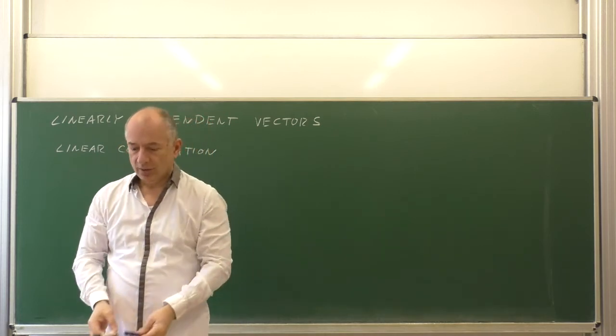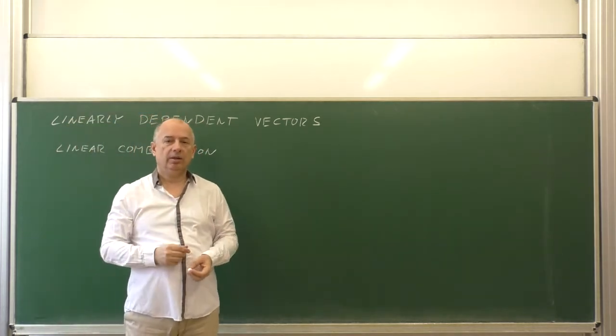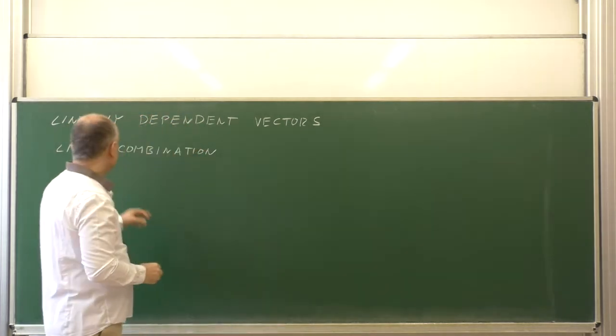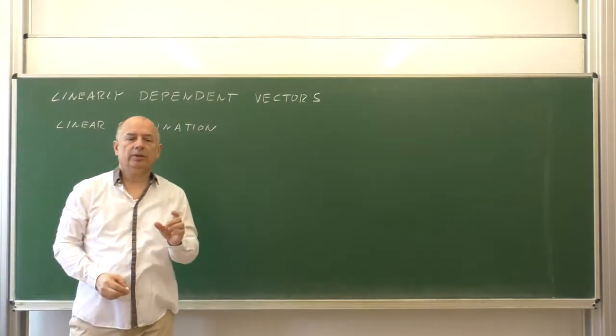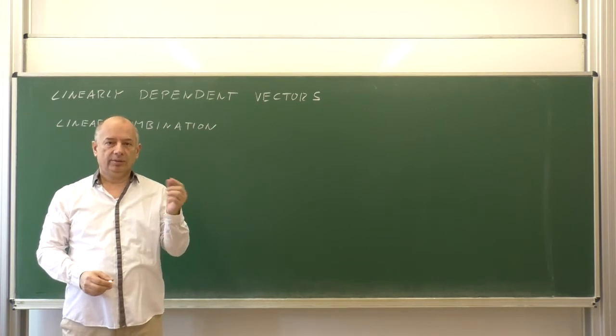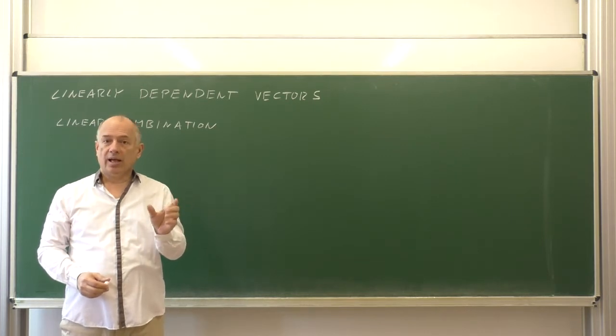To give a more precise definition of the term linearly dependent or independent vectors, let us first introduce the term linear combination. We know that given a vector, we can multiply the vector by a scalar, giving as a result a new vector, and then we can add vectors.